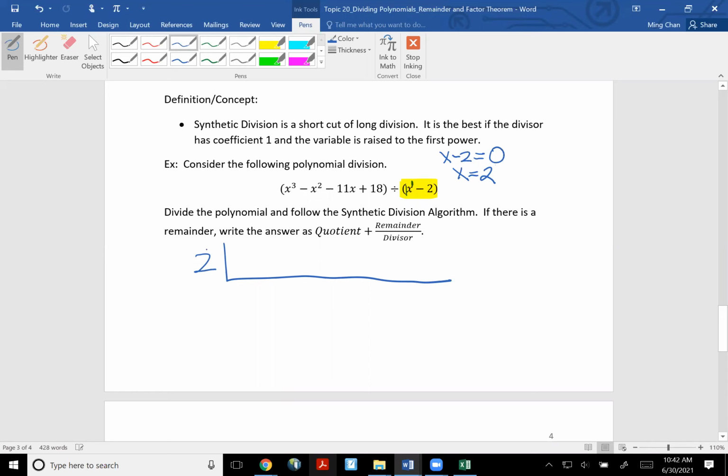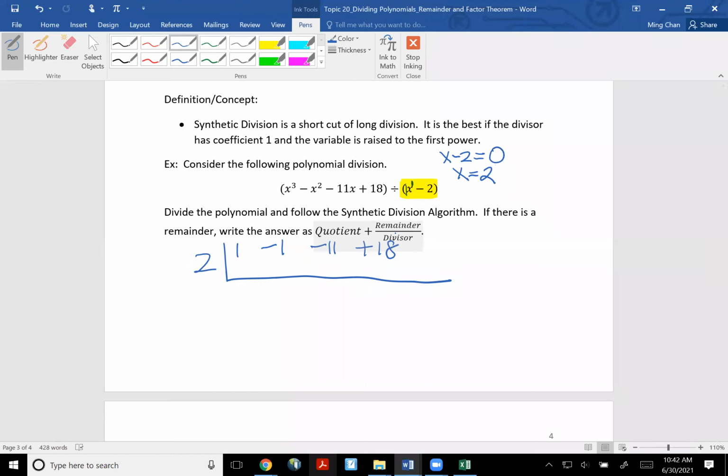So we will use 2 as a divisor, and on the inside, all I'm going to do is write the coefficients of my dividend. So that's 1x to the third, negative 1x squared, negative 11x, and then positive 18. This is how we will write it out in the first place.